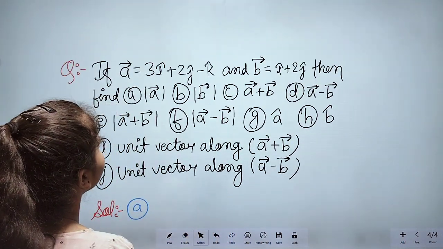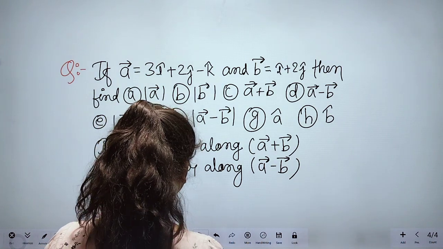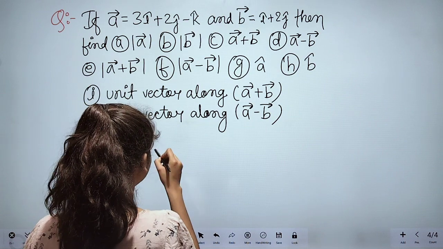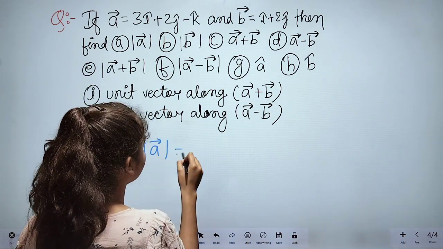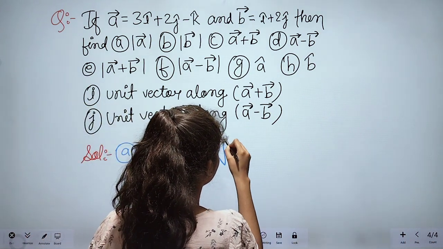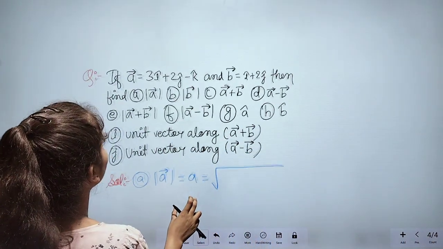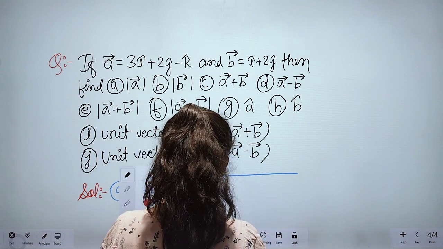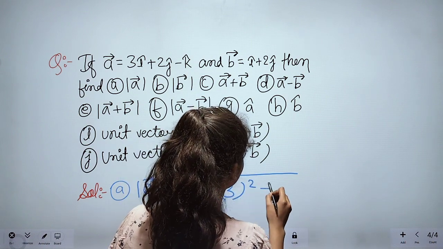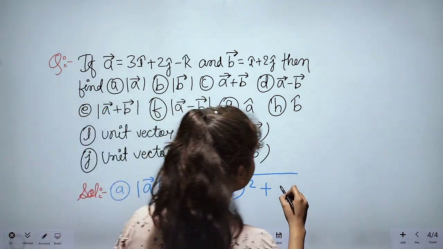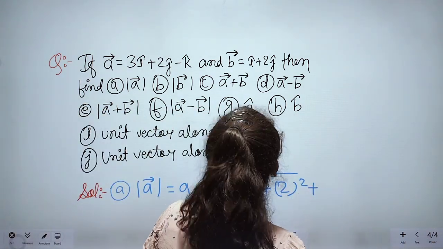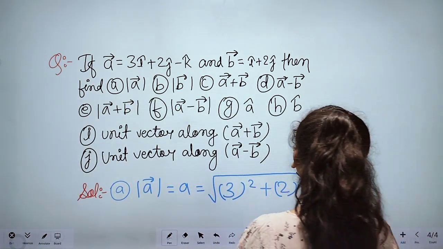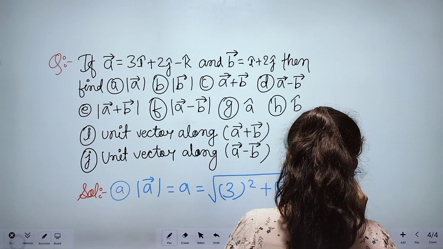In A you have to find the magnitude of A vector. So root under coefficient of i cap is 3 square, plus coefficient of j cap is 2 square, plus coefficient of k cap is what? Not 1, it's minus 1.